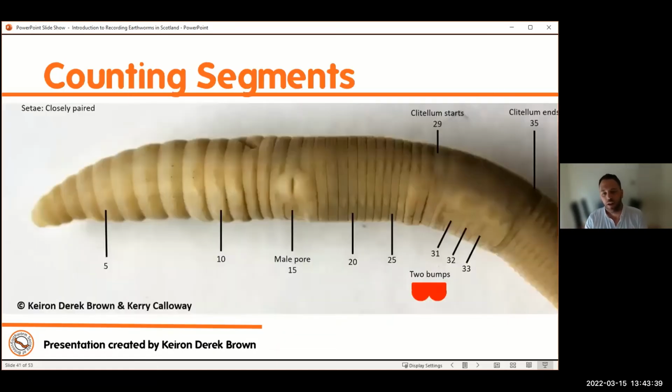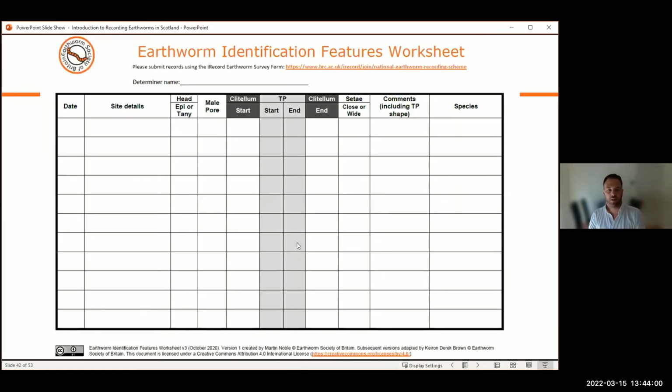So when we're counting, we always count from segment 1, we count along and we mark where things are. So this is an example of an earthworm where I've taken a photo and I've mapped out all the numbers. So where the clitellum starts, where it ends, where the TP is, the shape. And what I will do when I'm identifying earthworms is I'll use this table that I've designed and I'll mark down all of the features.